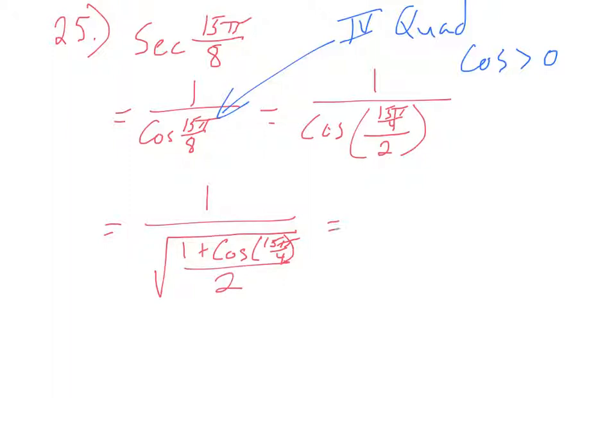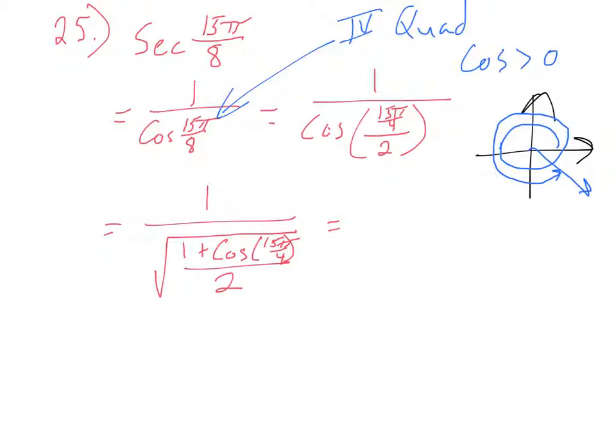So cosine of 15 pi over 4, if we're having trouble visualizing this, let's go ahead and draw a diagram. 15 pi over 4 is almost 4 pi, so it's going to be 1, and then all the way around here, right? 15 pi over 4 is just pi over 4 less than 4 pi, so 2 full times around.